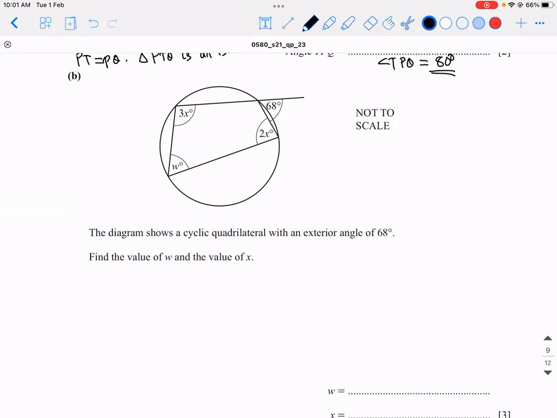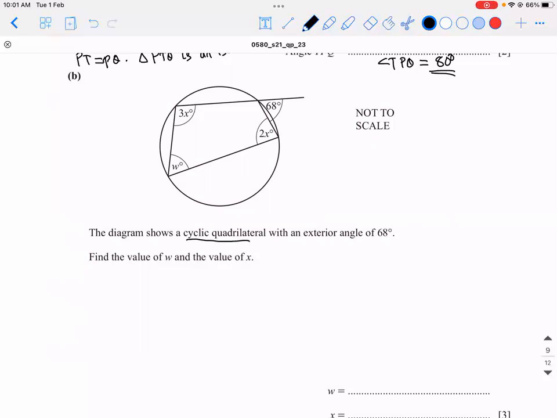Well, move to the next question, B part. The diagram shows a cyclic quadrilateral with an exterior angle of 68 degrees. Find the value of w and x. So what is the speciality of a cyclic quadrilateral? For a cyclic quadrilateral, opposite angles add up to 180.